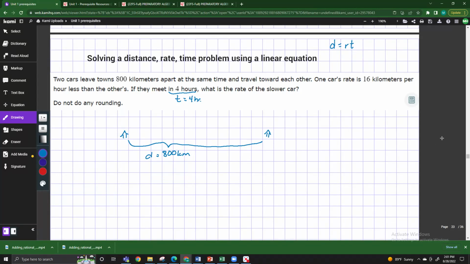So we have car 1. All right, I'm going to put it here. Car 1. Car 2. I like to usually do distance, rate, and time. We've got the distance marked already for the whole thing.